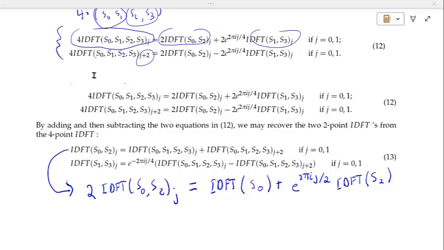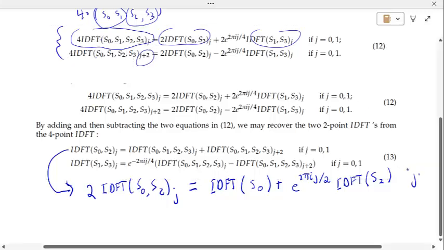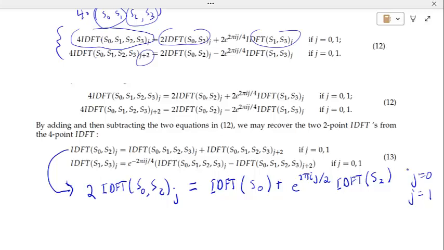Okay, now let me clarify here. We were looking at this first equation, and remember, each equation that we started with broke up into 2 equations. So here, when we had the 4 component, this was j equals 0 and 1. This would just be for j equals 0, and the j equals 1 is going to be different. So that's going to be the second equation.